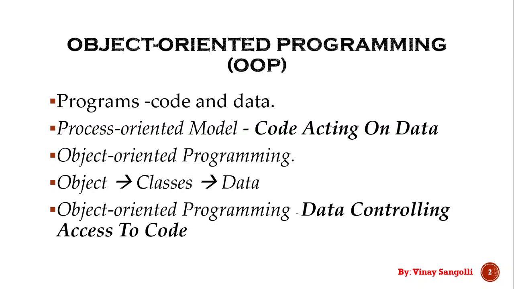For example, if I want to design a simple calculator with addition, subtraction and multiplication, my data would be the two numbers on which I want to perform the operations. And the code is the program which you will write to perform those operations. I hope that is clear.